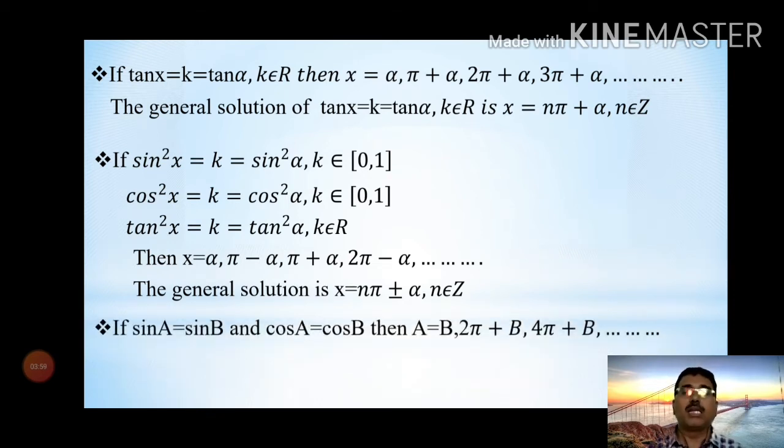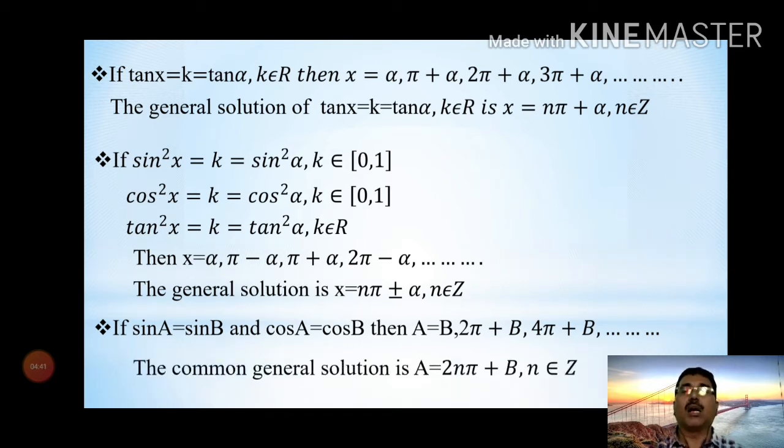Now, if sin A is equal to sin B and cos A is equal to cos B, this is different from other equations. Sin A equal to sin B and cos A equal to cos B, or sin A equal to sin B and tan A equal to tan B, or cos A equal to cos B and tan A equal to tan B, then the values of A are B, 2 pi plus B, and so on.